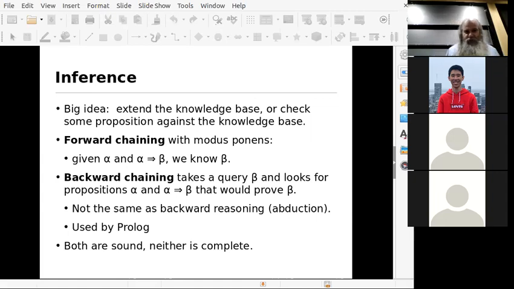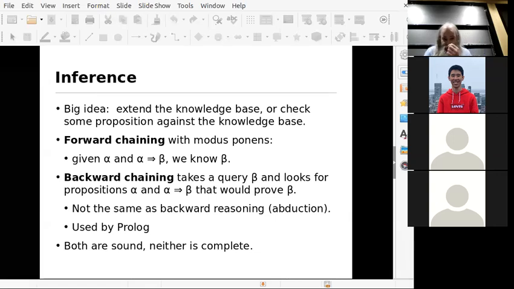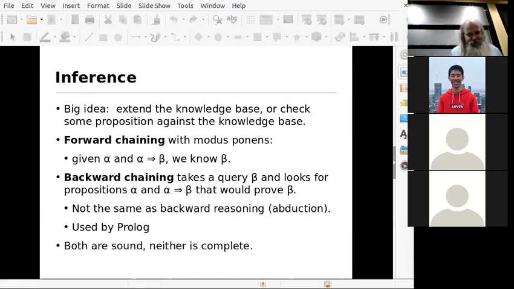It's not quite the same as abduction, but it's almost the same as that. It's not assuming beta is true and therefore implying that alpha has to be true, which is what abduction would actually be. This form of proving is actually the fundamental execution form for the programming language Prolog.